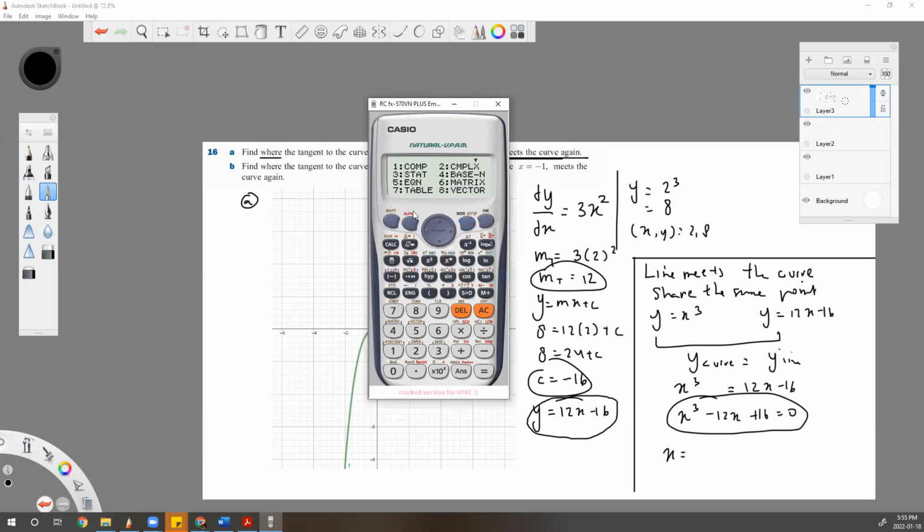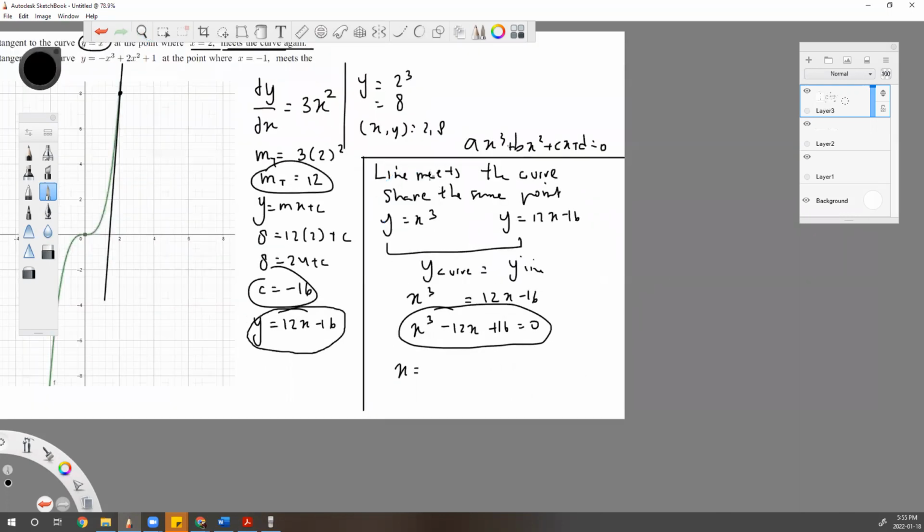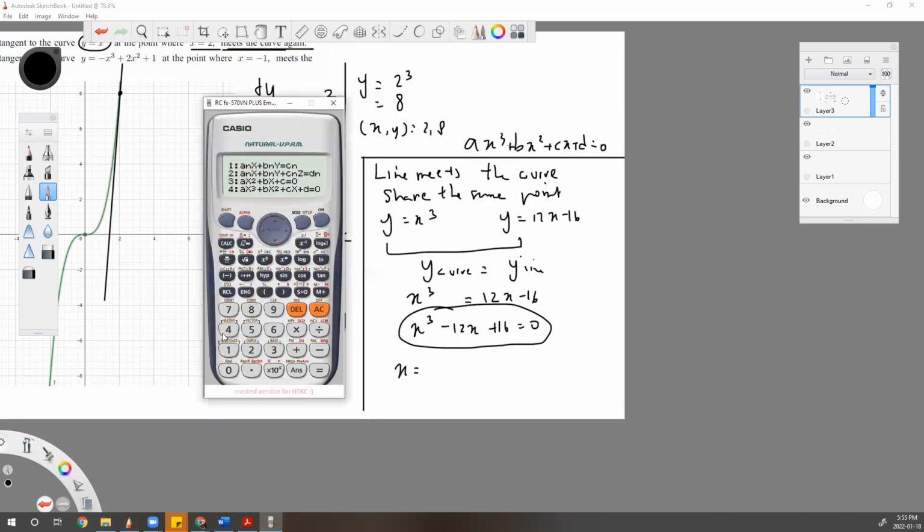So I use mode and choose cubic, degree 4. ax cubed plus bx squared plus cx plus d equals 0. The a will be 1, right? B is 0, because you don't have the term of x squared, so put 0.